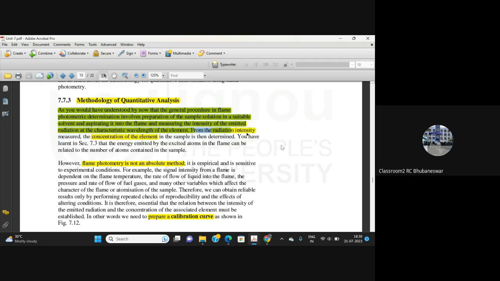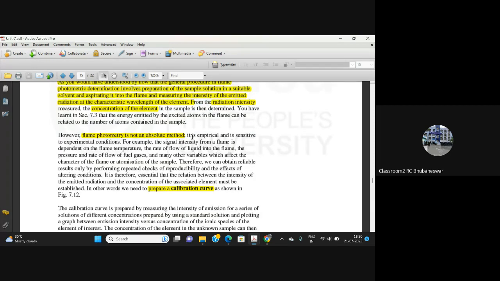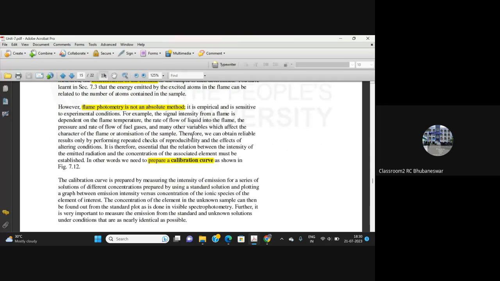How can you determine it? For UV-visible also you have read that part. Again we will be seeing it here; those who did not understand it there can understand it here also. However, flame photometry is not an absolute method.